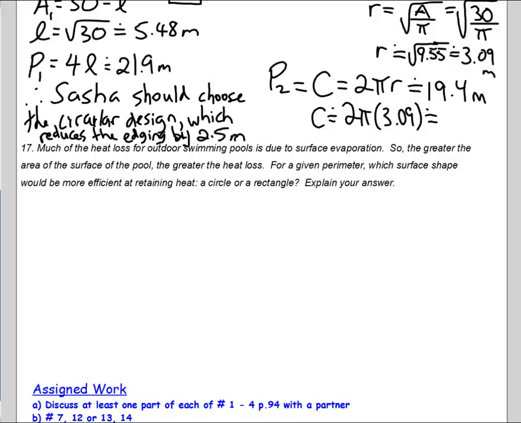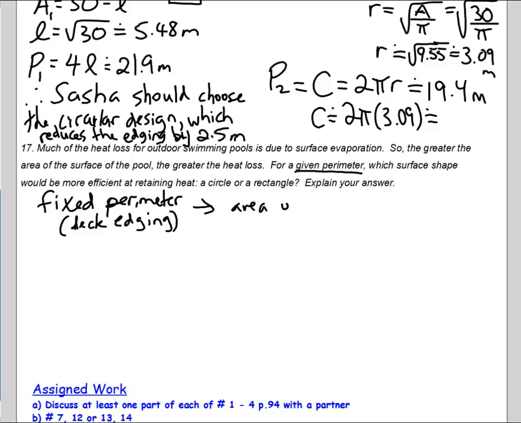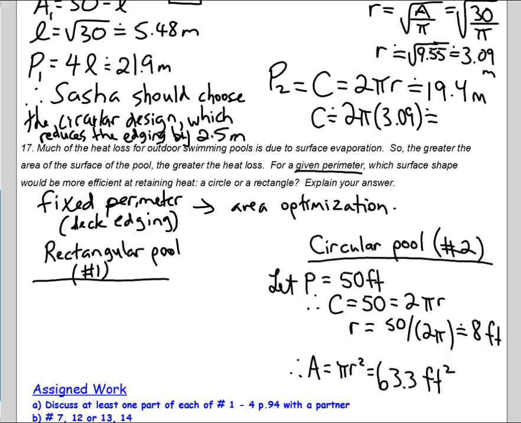So in this case, we're looking at a given perimeter, meaning a fixed perimeter. So fixed sort of deck edging tells us that we're optimizing area. Okay, so in this case, I'm going to start with the circular pool.